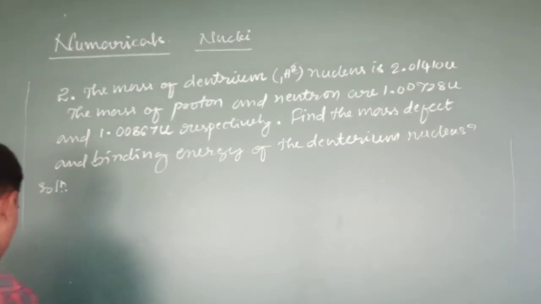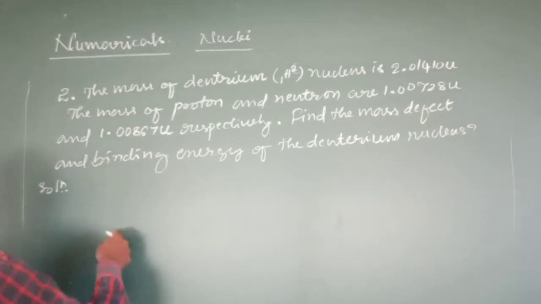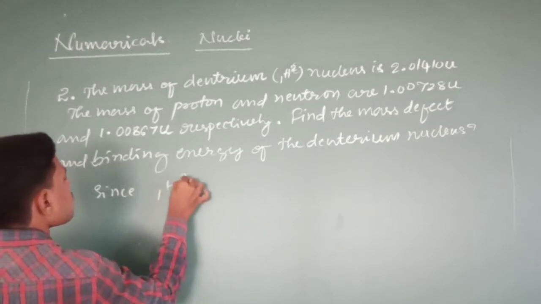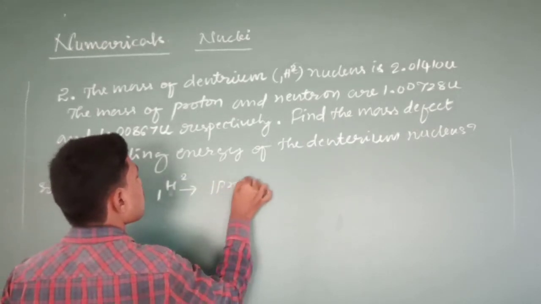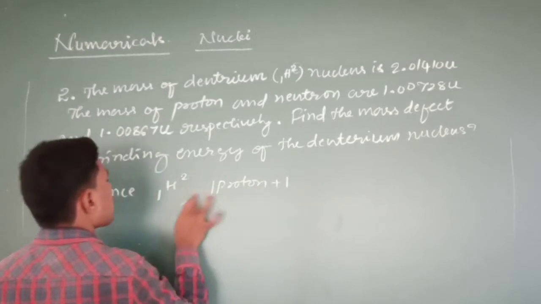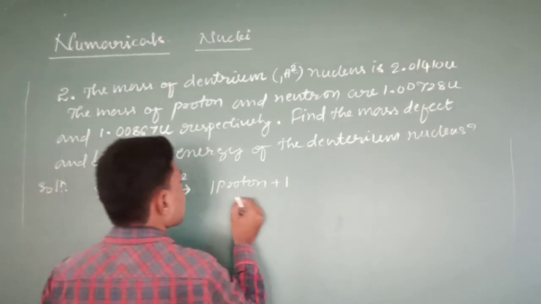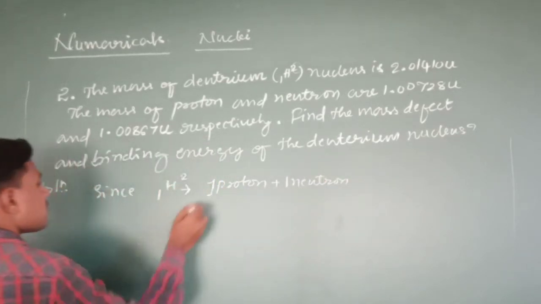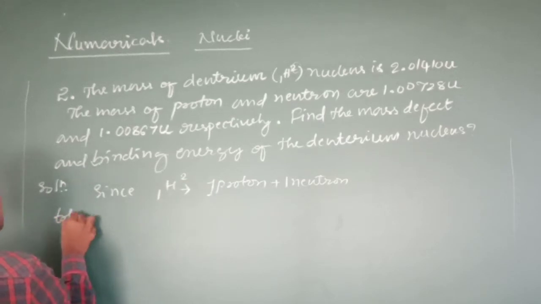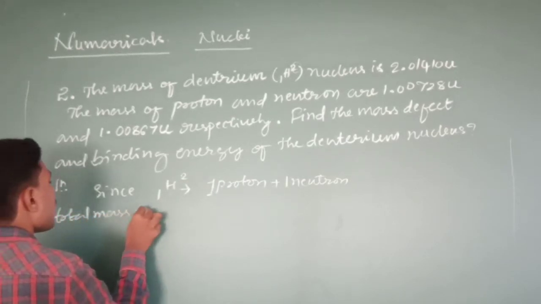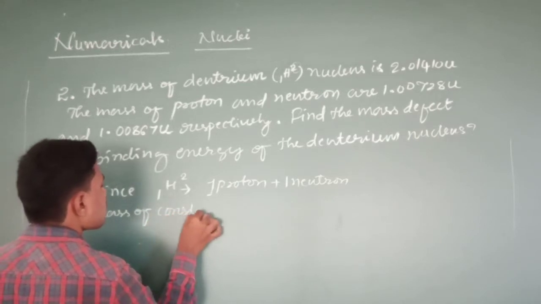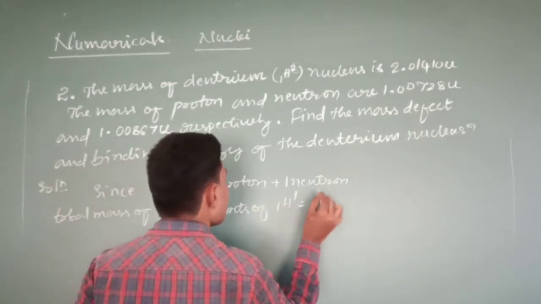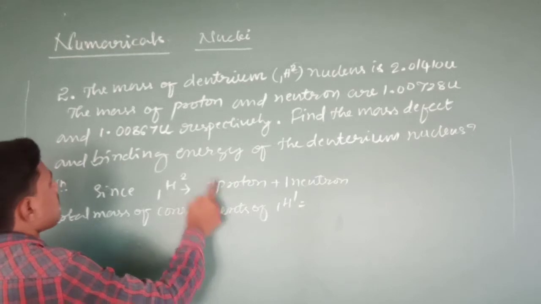So the total mass of the constituents: since 1H2 has 1 proton plus 1 neutron, the total mass of the constituents of the deuterium is 1 proton plus 1 neutron.